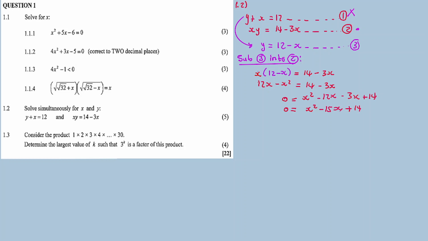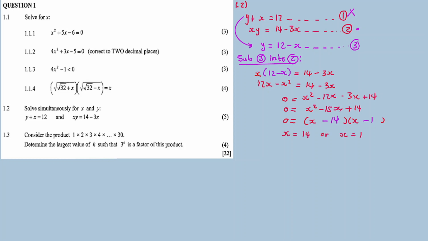And then you can either use the quadratic formula, or you can use the factoring method. Find two numbers that multiply to positive 14 and add to negative 15: negative 14 and negative 1.